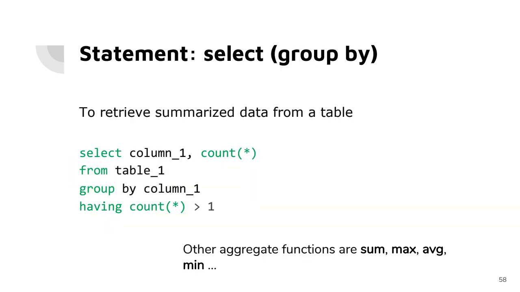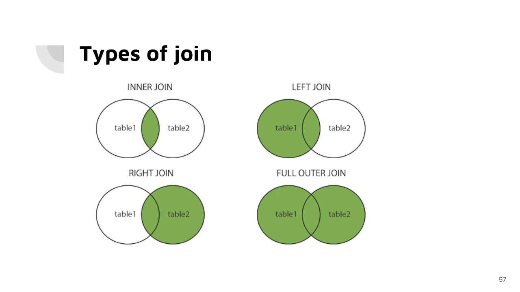Okay, so some types of joins. You can do the inner join, which is the one I showed before. Sometimes you also want to do a left join. For instance, you want to left join a supplier with shipments. Even if a supplier doesn't have a single shipment, it could be the case that you still want to include the supplier, but have null for the other attributes. That's called a left join.